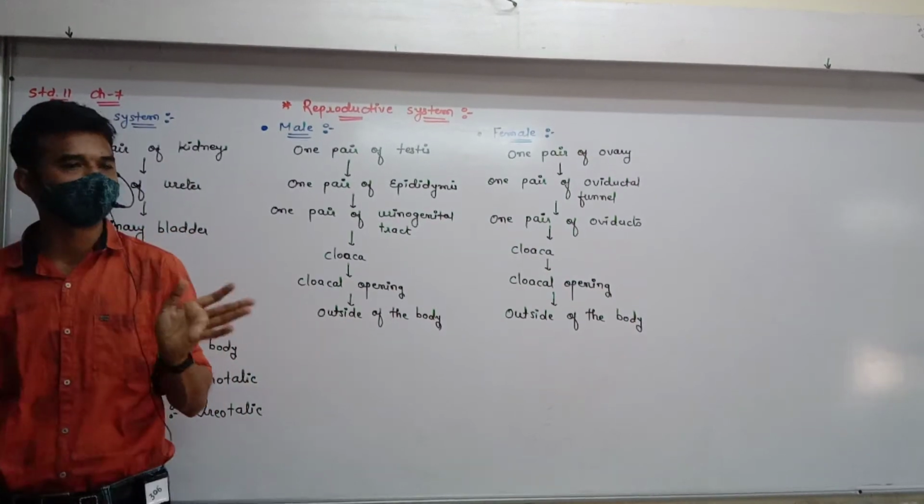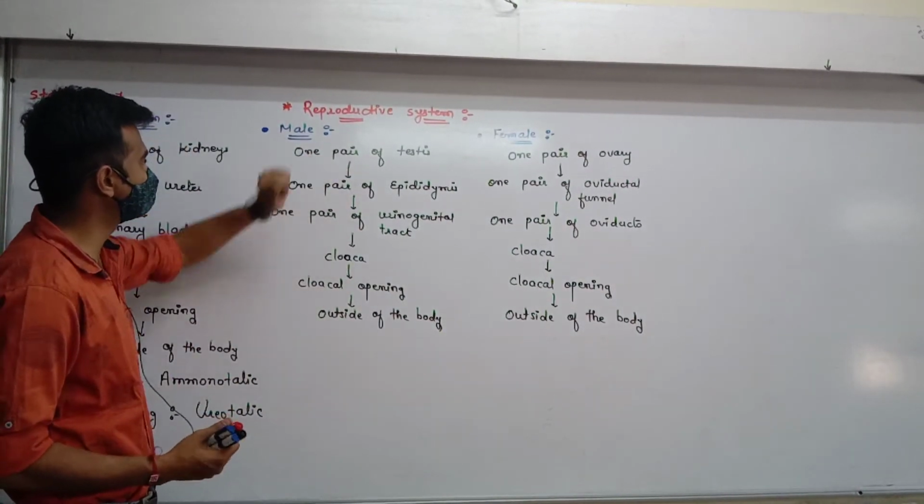The male reproductive system consists of one pair of testes.